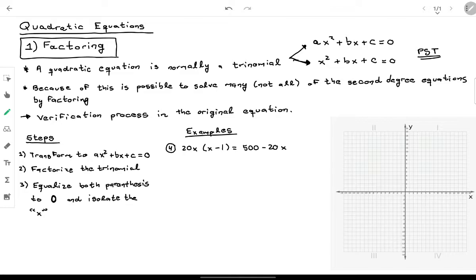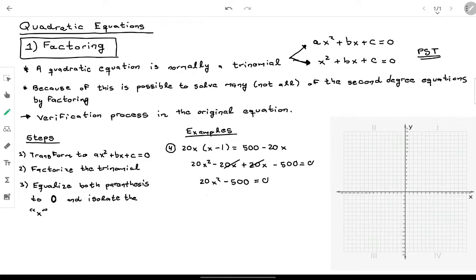So imagine we have something like this. It's going to be 20x squared minus 20x. We can change the other ones from side. 20x minus 500 equals 0. This one and this one eliminate, so it's going to be 20x squared minus 500 equals 0. Remember, in this case, we need to use factoring.